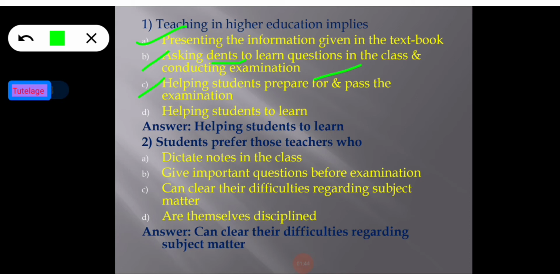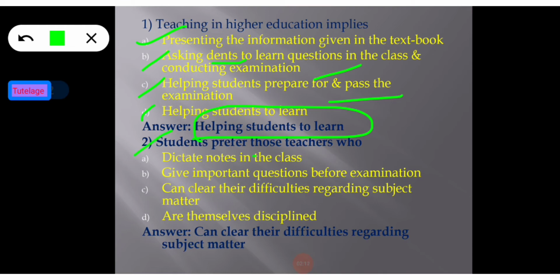Number 3, helping students prepare for and pass the examination. And number 4 is helping students to learn. So obviously the most appropriate answer to this question is helping students to learn. Teaching in higher education obviously implies helping students to learn. Okay, so now move on to the next question.